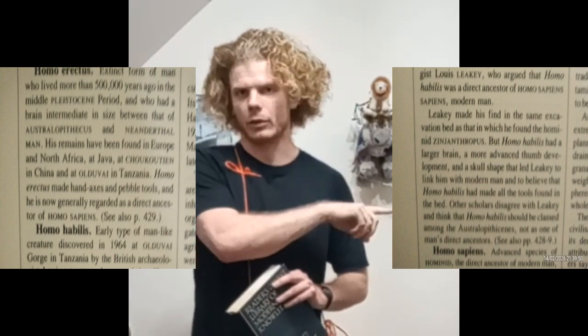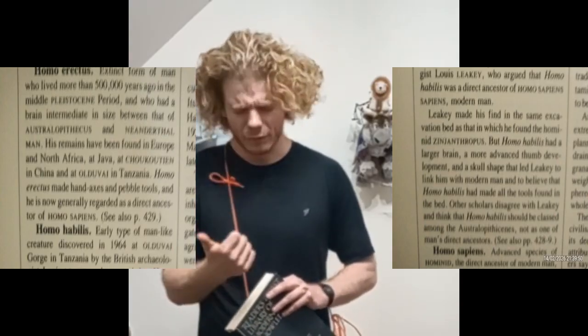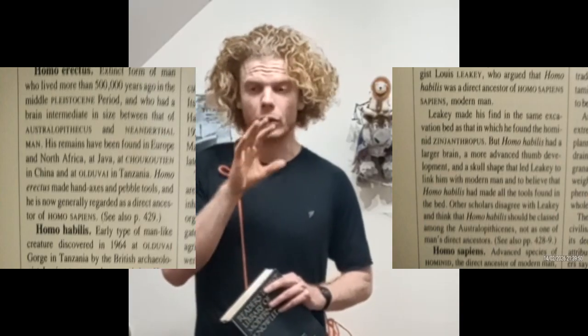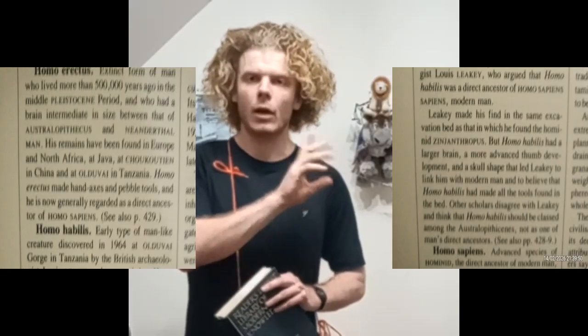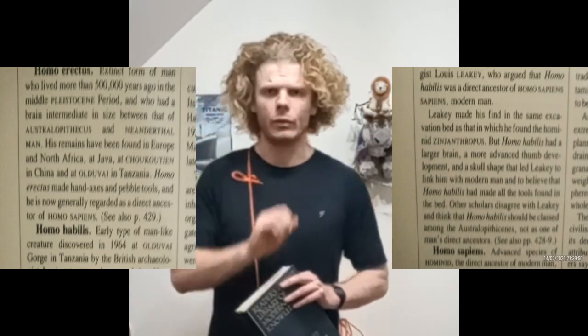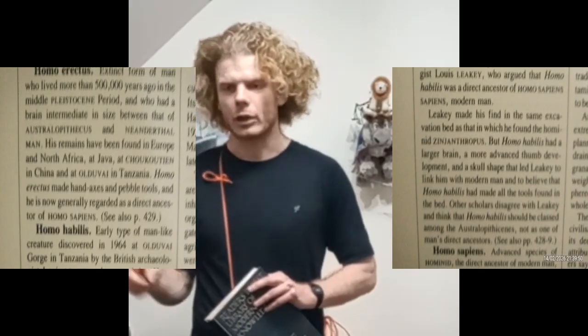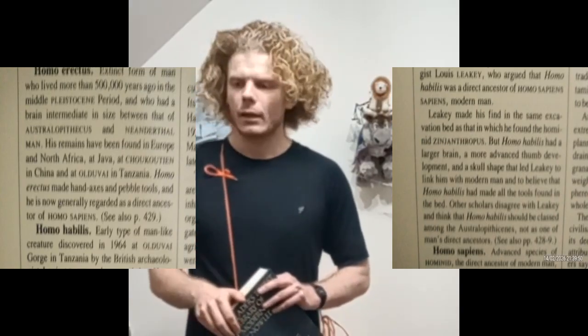They were found at Lake Rudolph in Kenya, and Homo erectus was, for example, found in Europe and North Africa, in Shukotien near Beijing in China, on Java, and also in Tanzania at Olduvai. And the size of the brain of the Homo erectus was intermediate between Australopithecus and Neanderthal.